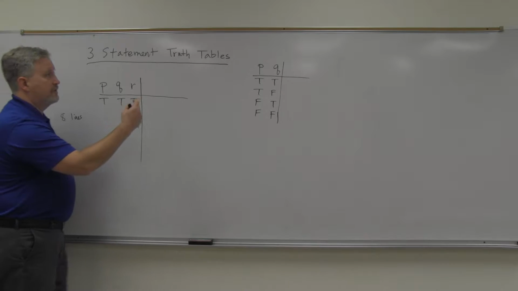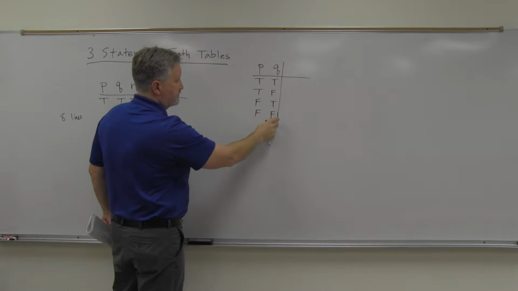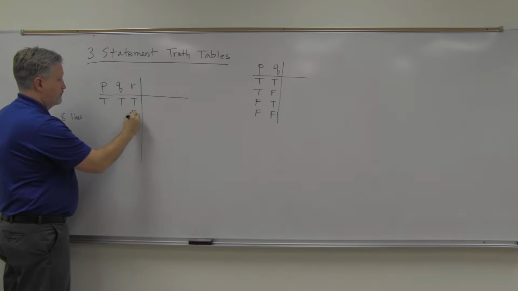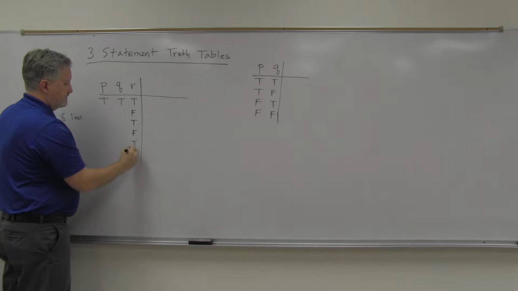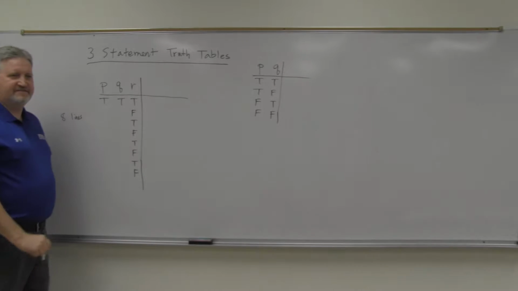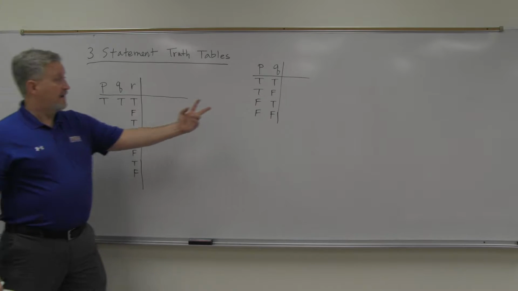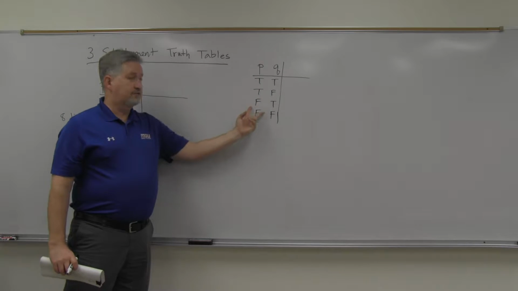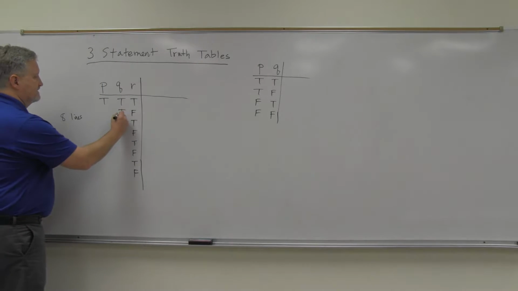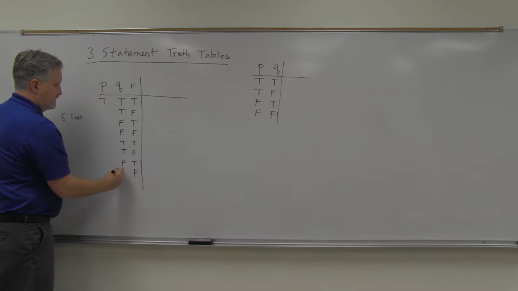All right. So playing off this, knowing that it's 8 lines, and that this one is true, false, let's do the same thing for R. Let's alternate true, false, until we have 8 lines. Is that 8? 8 lines. Now, for the middle one, the Q, I'm going to do the same thing I did for the P's before, which is 2 trues, 2 falses, until I have 8. 2 trues, 2 falses, and then 2 more trues, 2 more falses.